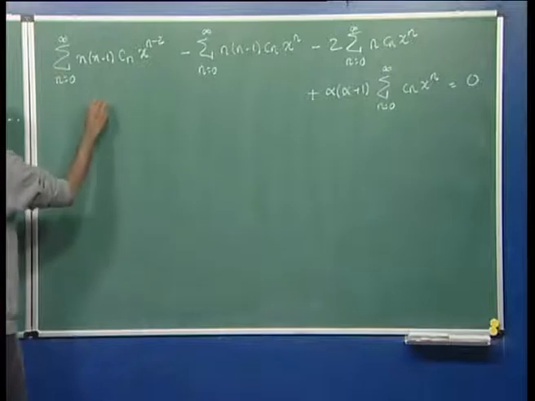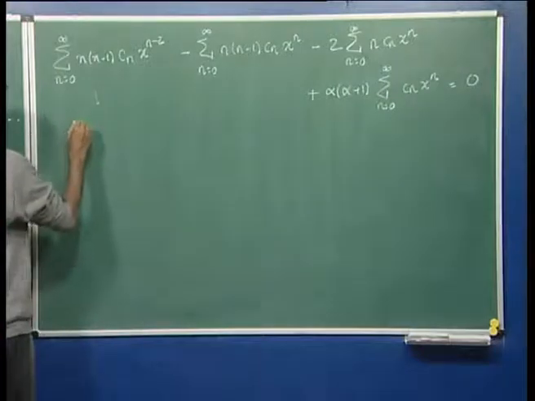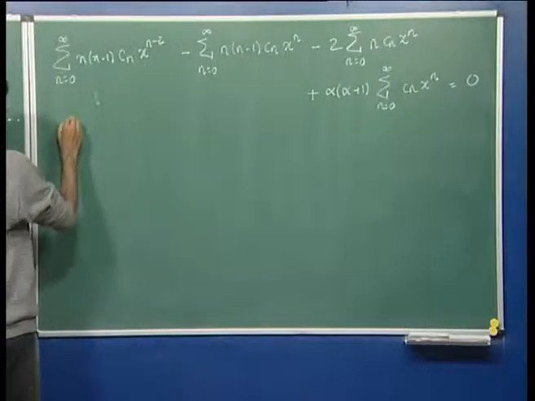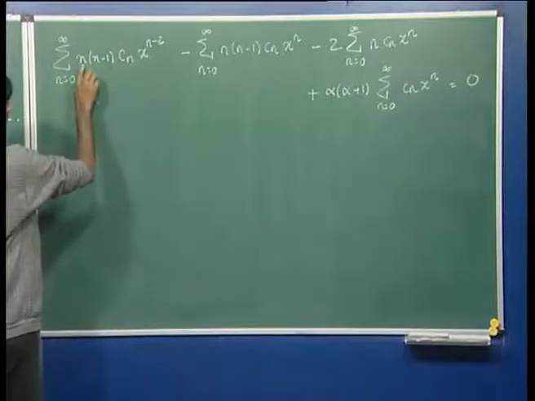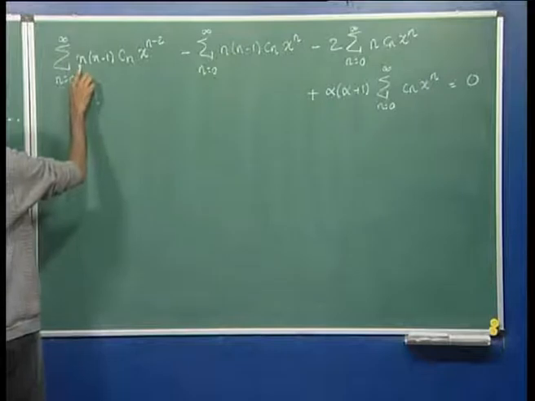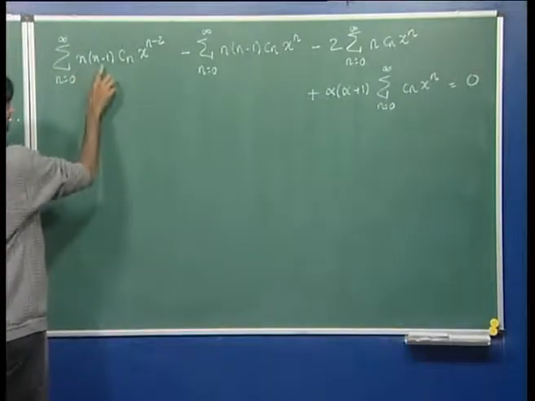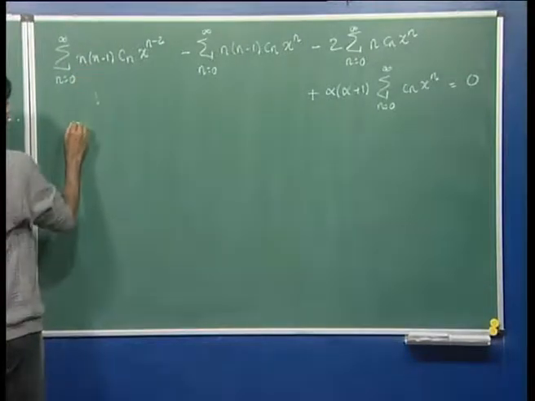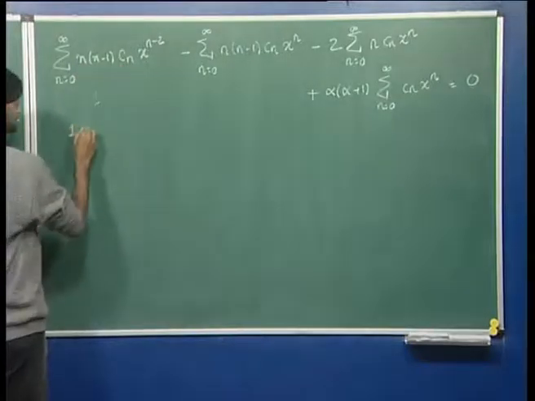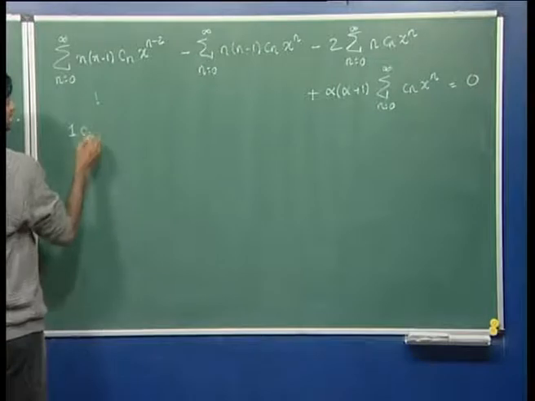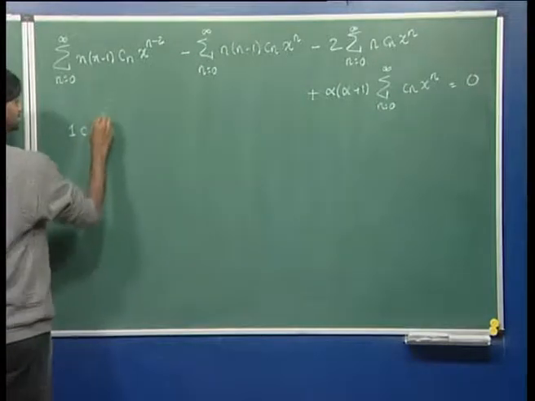So, in other words, if I expand this, when n equal to 0, I will get 0, when n equal to 1 I will also get 0, when n is equal to 2 I will get 2 into 2 minus 1, that is 1 into C n, equal to 2 C 2 x raised to 0.